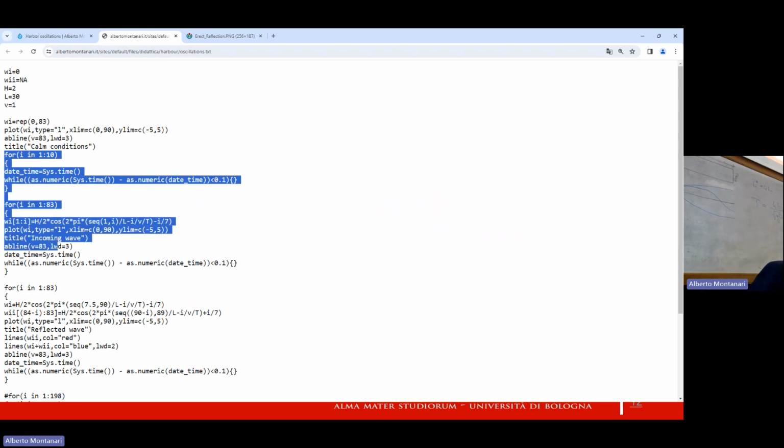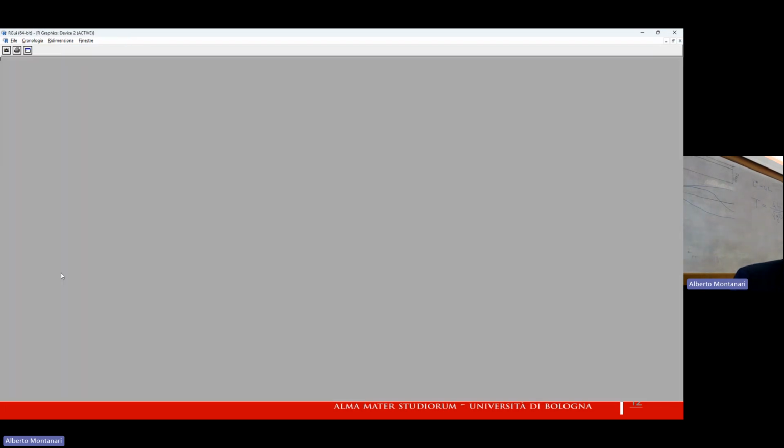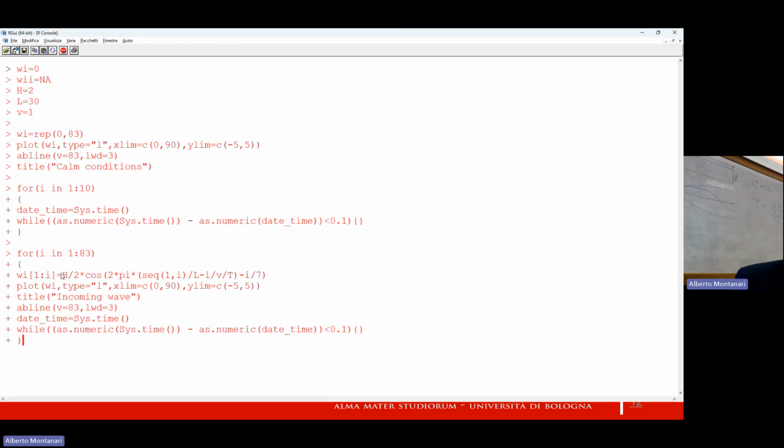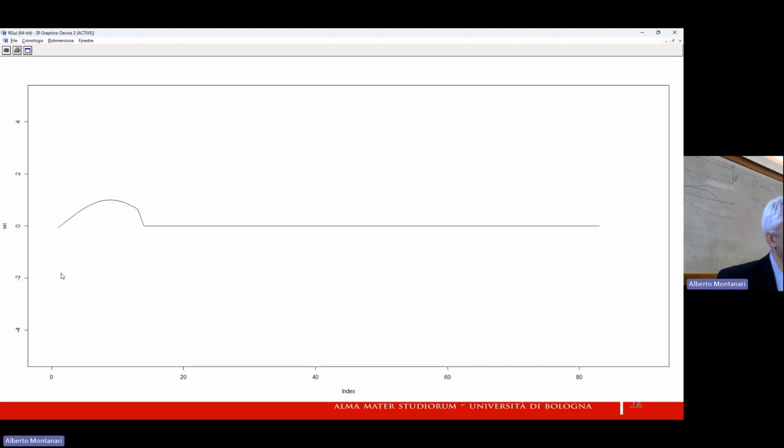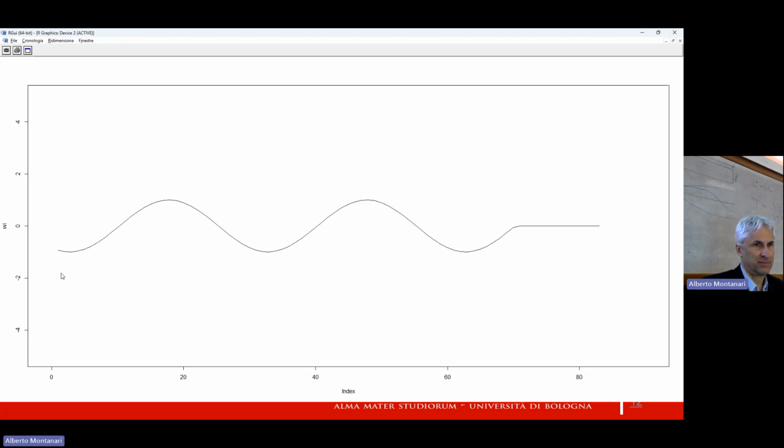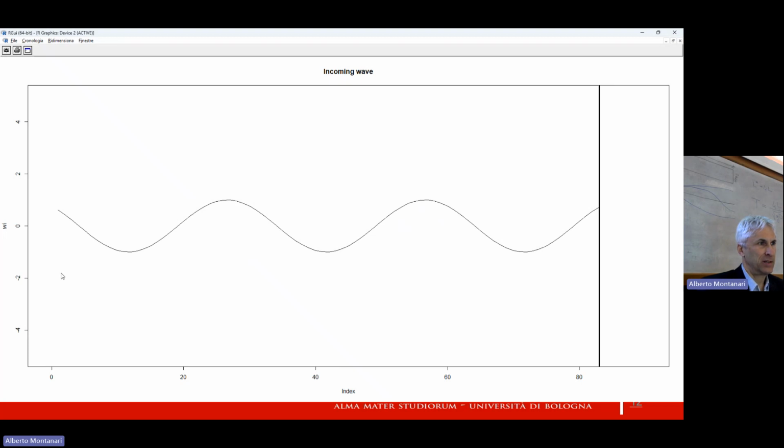So let me see here. And this is the propagation of the wave. And this is the incoming wave, which gets in. And keep into account that in this case, we have the situation where in the open end, we assume that the forcing continues.